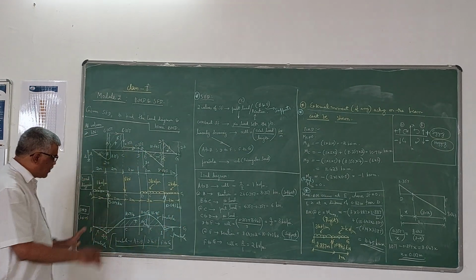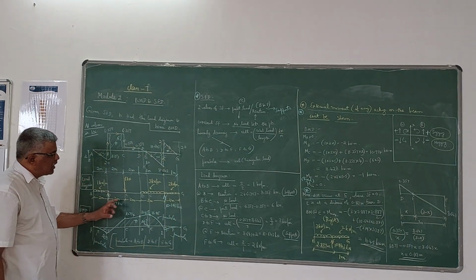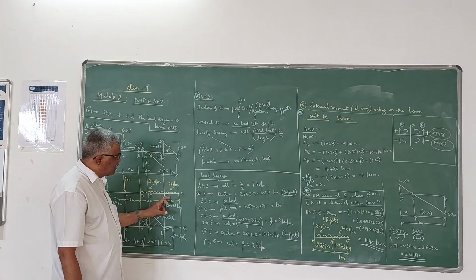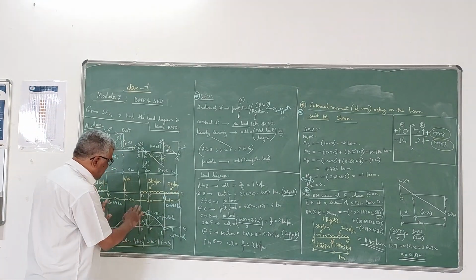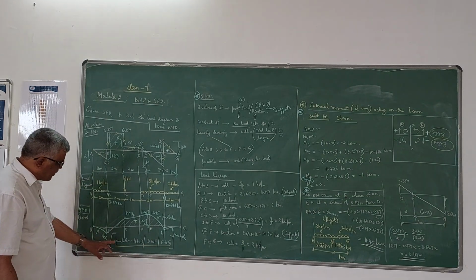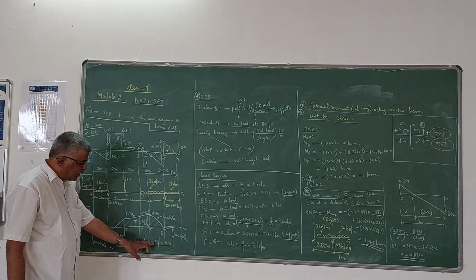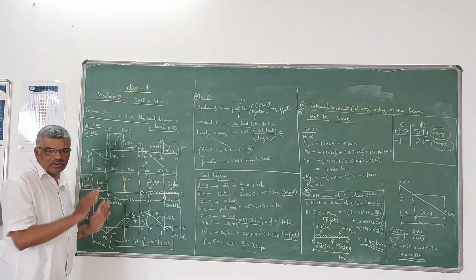So there are three parabolas here: A to B, D to F, and F to G. The rest of them are straight lines. So I have written here parabola A to B, D to F and F to G, remaining are straight lines.